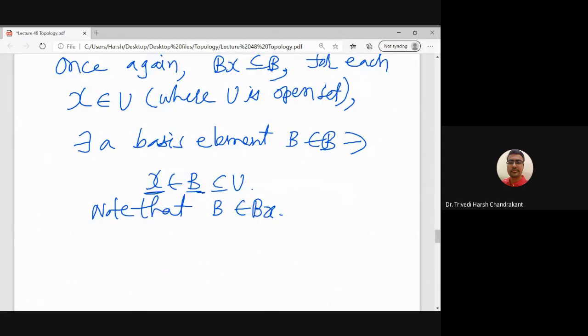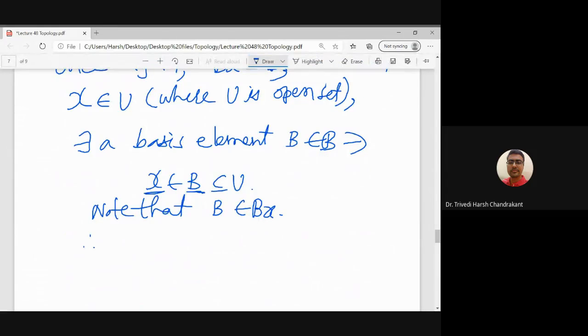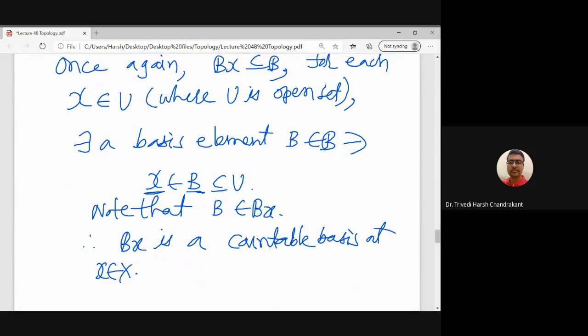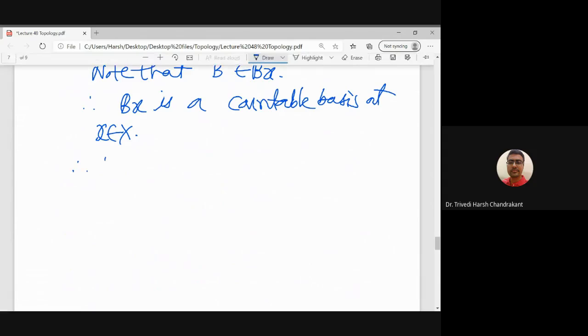So that is what we proved: Bx is a countable basis at the point x belonging to X, and therefore X is a first countable space.